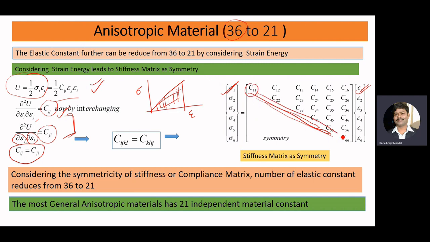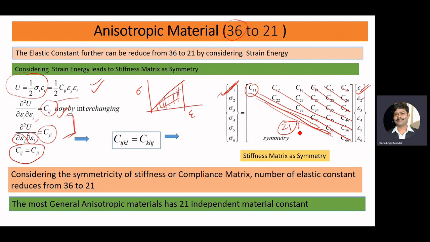So 21 means here we have 6, then 5 makes 11, then 4 makes 15, then 3 makes 18, then 20, and 21. In such cases we have a total of 21 elastic constants. This type of anisotropic material is categorized as a generalized anisotropic material.